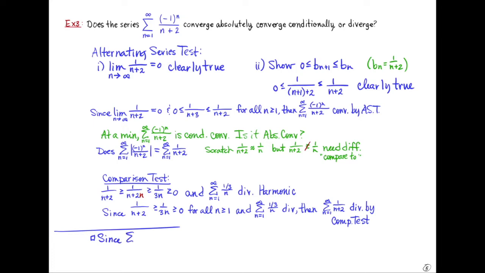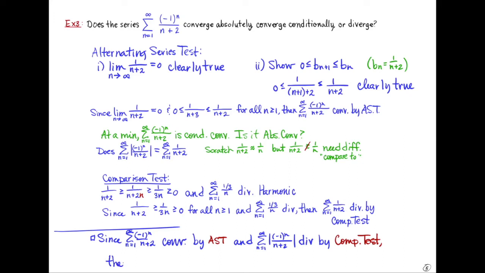Since the sum from 1 to infinity of negative 1 to the n over n plus 2 converges by the alternating series test, and the sum from n equals 1 to infinity of the absolute value of our terms, so the absolute value of negative 1 to the n over n plus 2, diverges by the comparison test, then the series negative 1 to the n over n plus 2 is conditionally convergent.